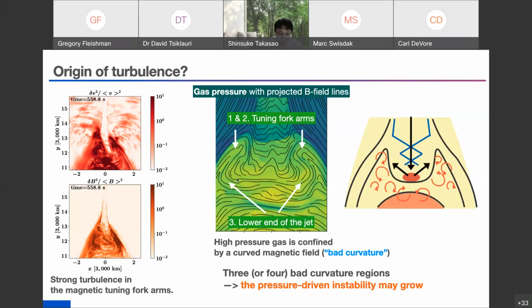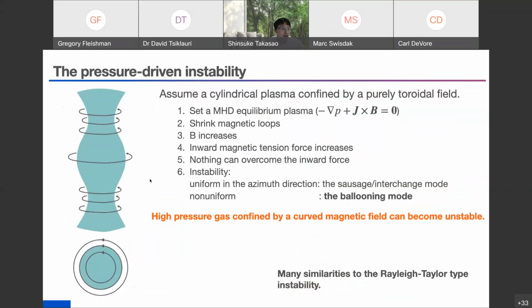So we have 3 or 4 bad curvature regions here, where the so-called pressure-driven instability may grow. We consider that this instability is an important source for the turbulence. Because the time is limited, I need to skip this slide.